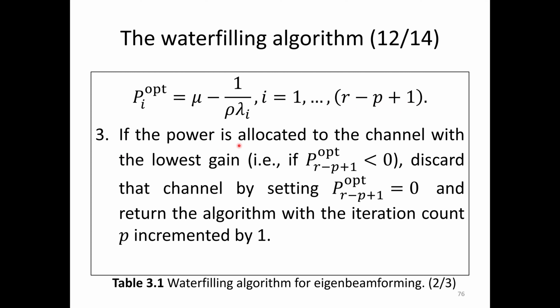If the power is allocated to the channel with the lowest gain, that is, if PR minus p plus 1 OPT is smaller than 0, discard that channel by setting PR minus p plus 1 OPT equal to 0 and return to the algorithm with the iteration count p incremented by 1.